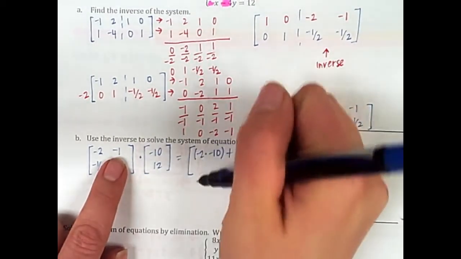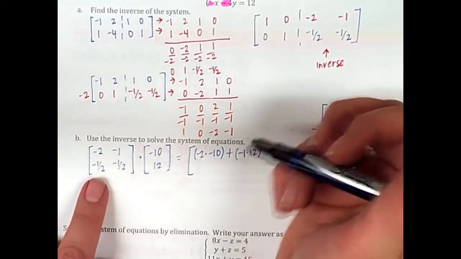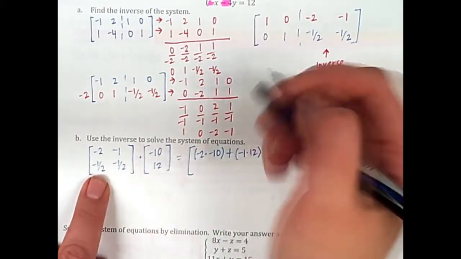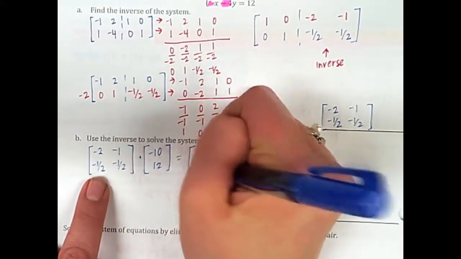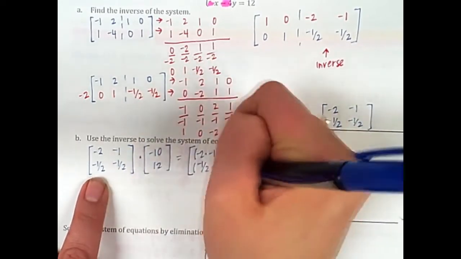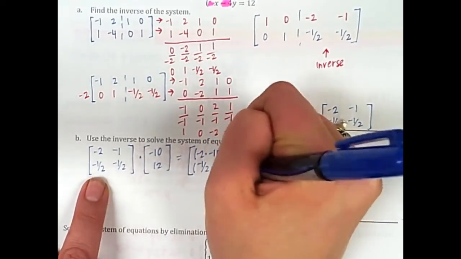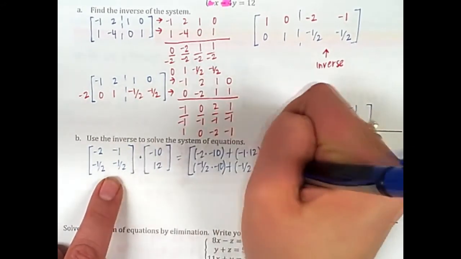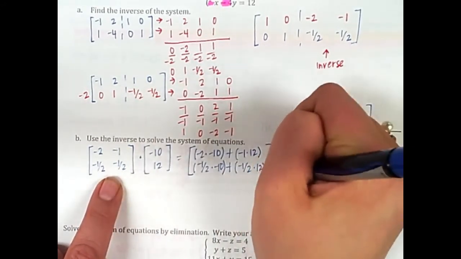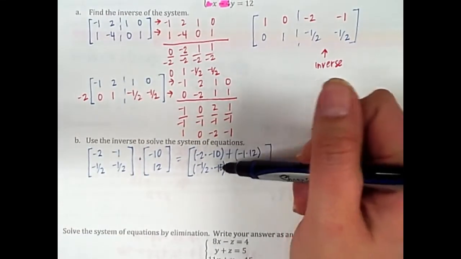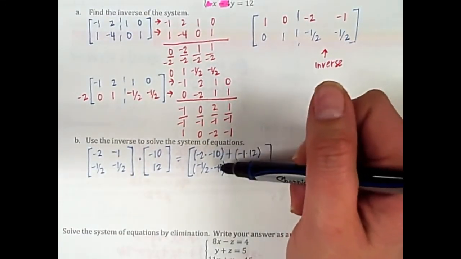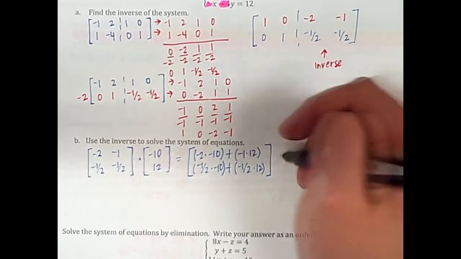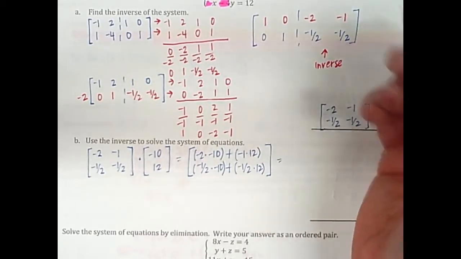Now I'm going to move down in my row, so that means I'm going to move down in my row over here. So -1/2 times -10 plus -1/2 times 12. Now notice these second numbers always are aligned. -10, -10, 12, 12. That's how it should always be when you're multiplying.